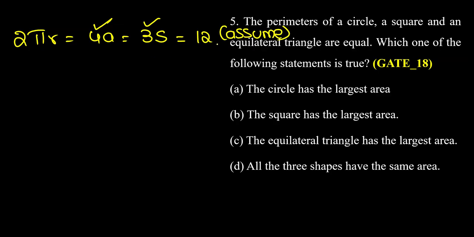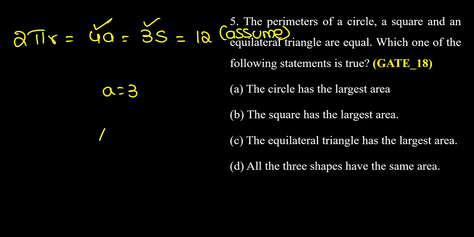You can take k equal to 100, equal to any value. So why take only 12 there? I know it should be divisible by 4 and 3, then it's easy for calculation. When 4a equal to 12, a equal to 3.